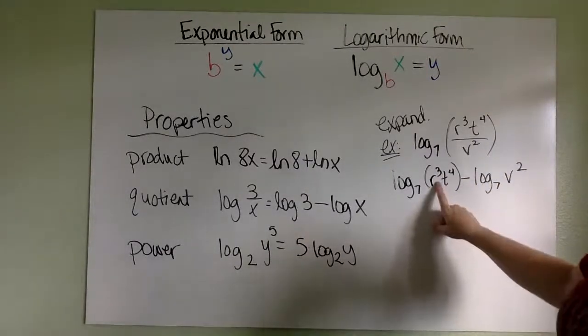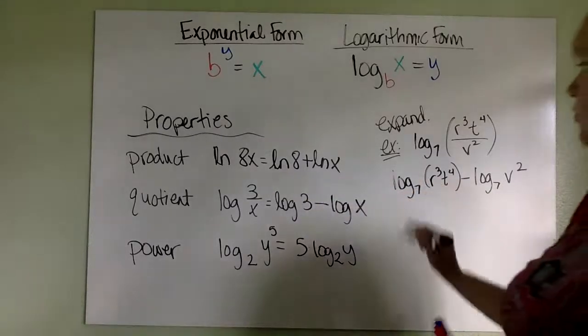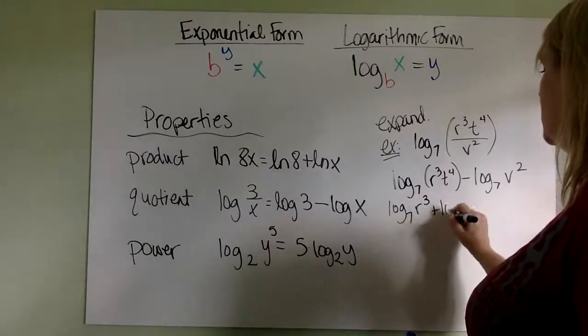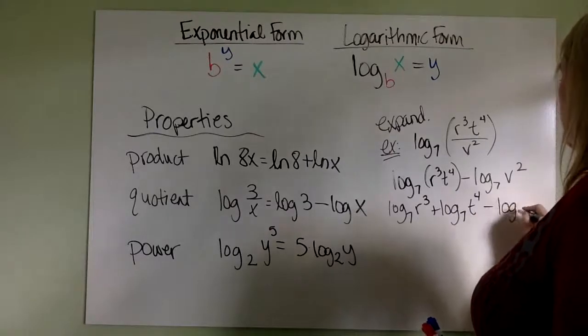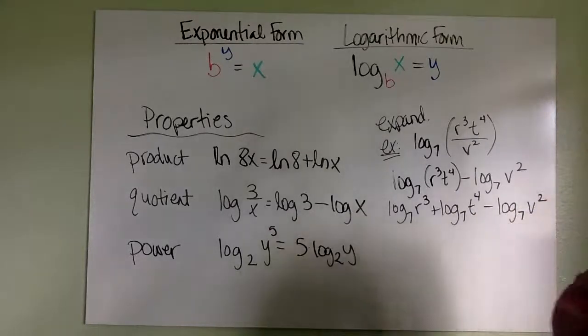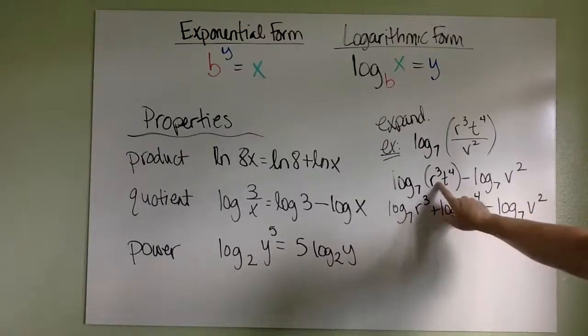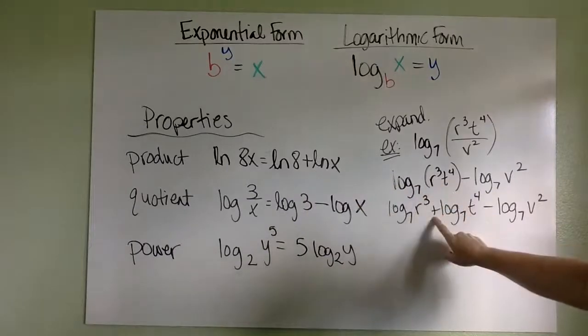Then this becomes a product property: log base 7 of r to the third plus log base 7 of t to the fourth minus log base 7 of v squared. Again, I'm carrying my base all the way through. So that multiplication using the product property turned into addition.